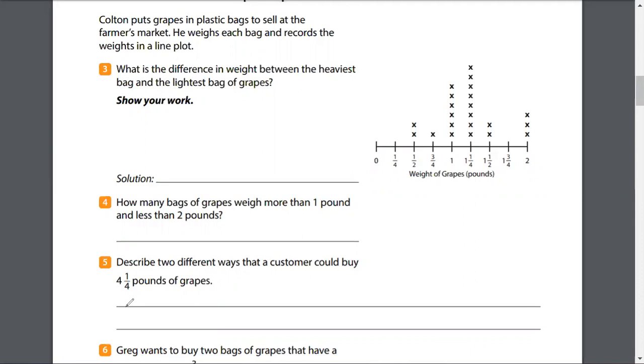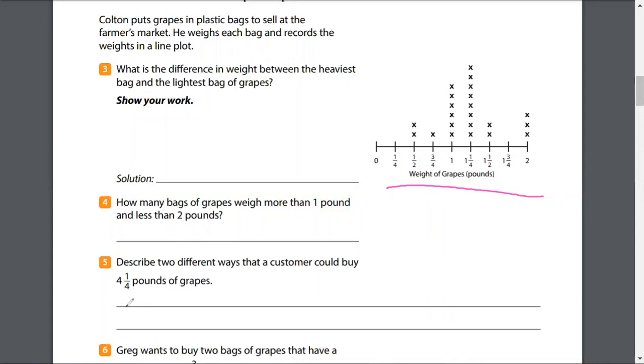Colton puts grapes in a plastic bag to sell at the farmer's market. He weighs each bag and records the weight in the line plot below. There's our line plot. Now, what is the difference in the weight between the heaviest bag and the lightest bag? Where did you find out what the heaviest bag was and the lightest bag was on this table?